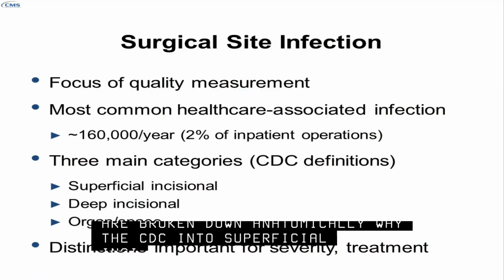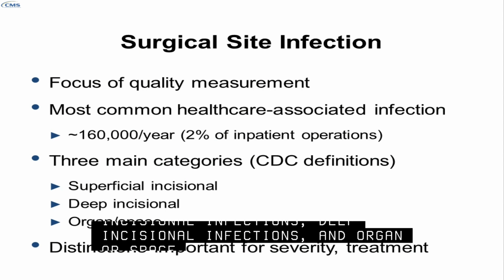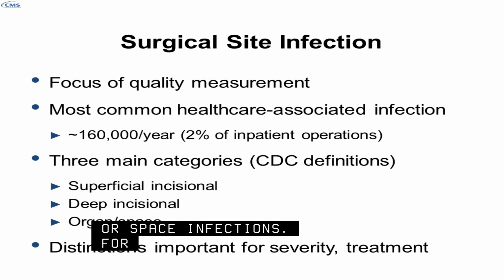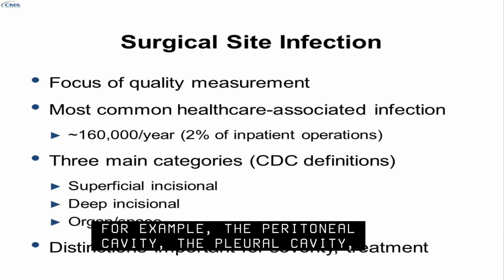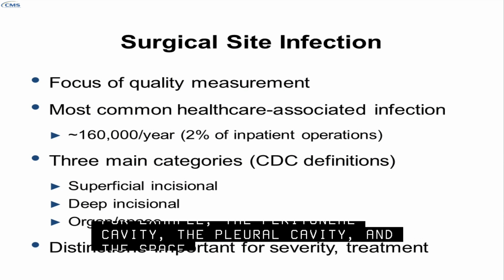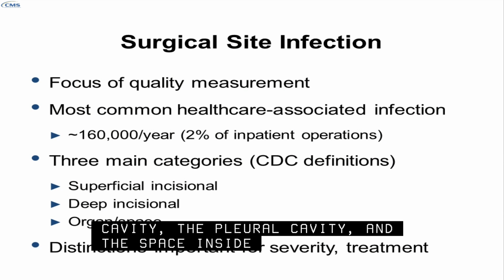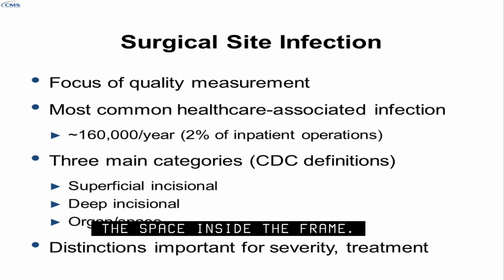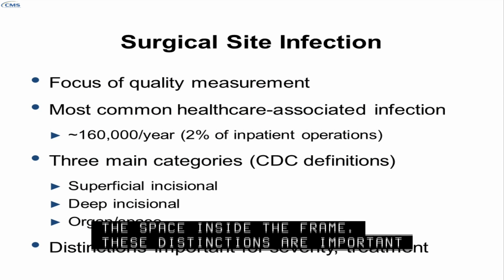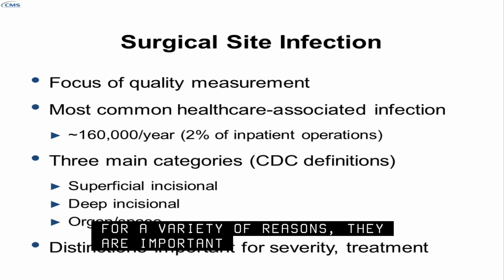For example, the peritoneal cavity, the pleural cavity, the space inside the cranium. These distinctions are important for a variety of reasons, but namely they're very important clinically in terms of determining the treatment involved and assessing the severity of the infection.